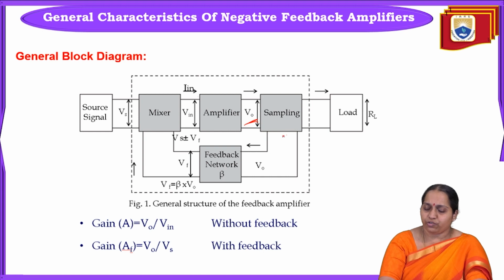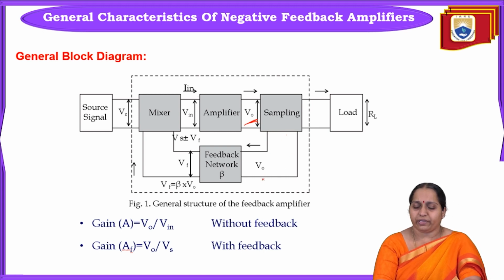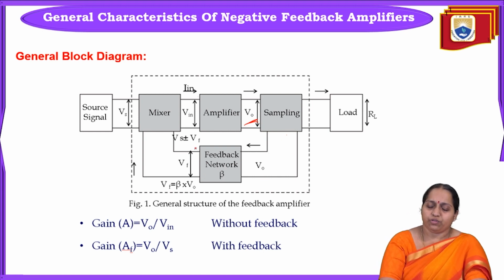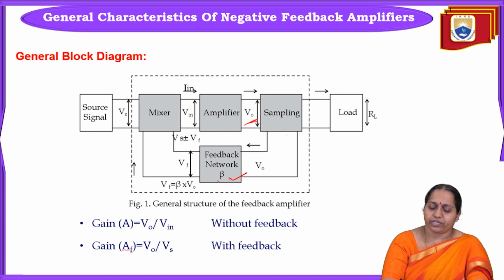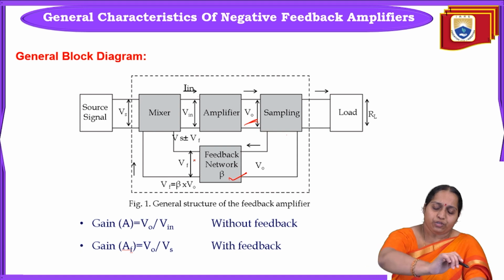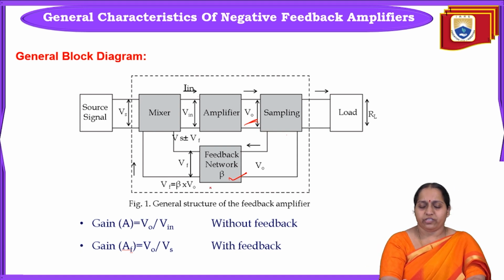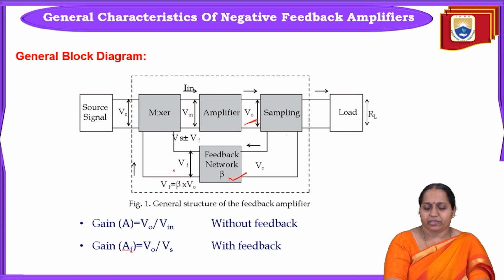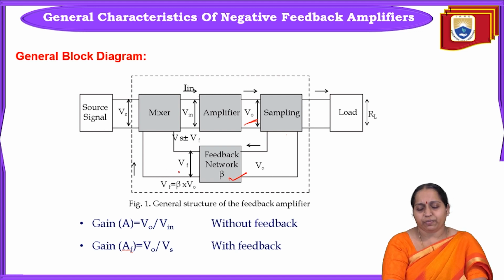This output voltage, taken through the sampling device, is given as input to the feedback network, whose gain is given by beta. If you take this as a voltage series connection, then VF is the feedback signal. So VF by V0 equal to beta, or VF equal to beta into V0.